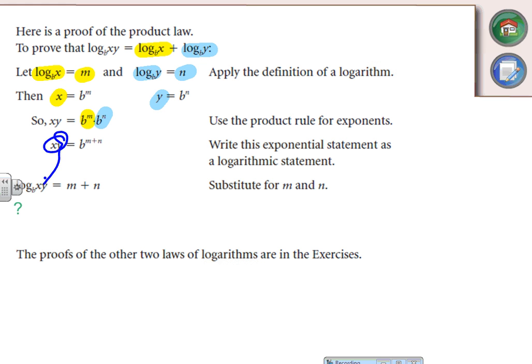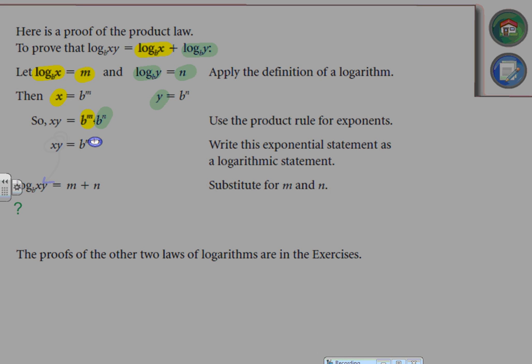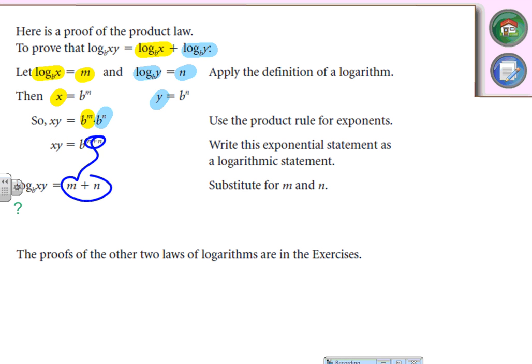So the xy goes with the b side, and the m plus n that were on the b side are now going over to the other side of the equation. Well, wait a minute. We just said that m was equal to log base b of x, and that n was log base b of y. So let's fill those in.